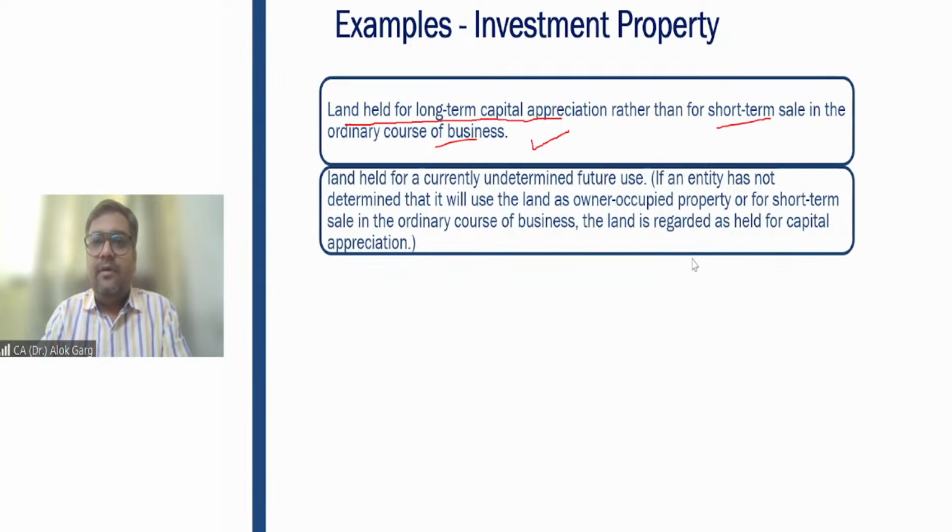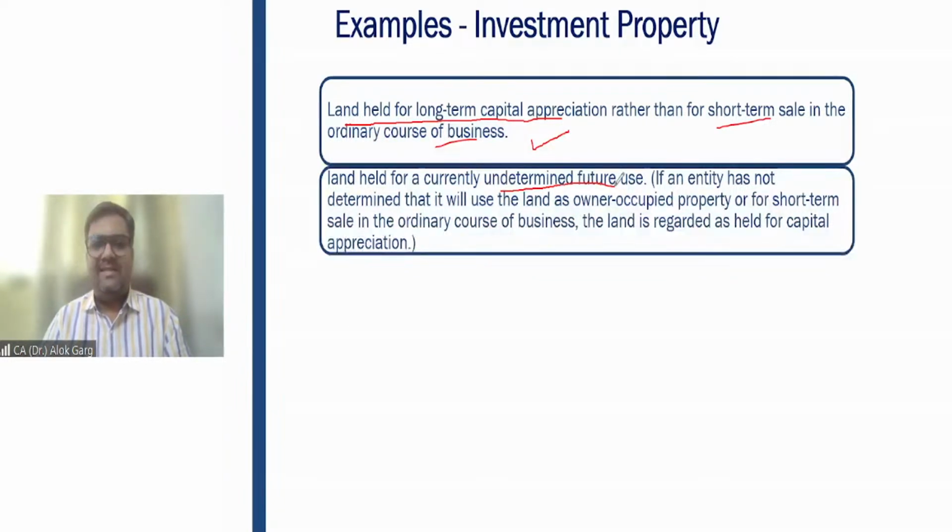Next example. Land held for currently undetermined future use. The company has just purchased the land. So generally what happens, let's say you got to know that DLF is doing plotting and they are selling this land at a very cheap cost.